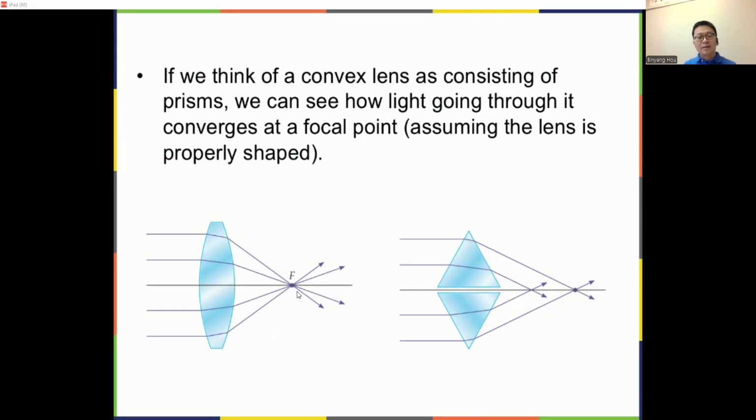And for convex lenses, if you have parallel rays coming in, the refracted rays will meet on the other side of the lens at the focal length.